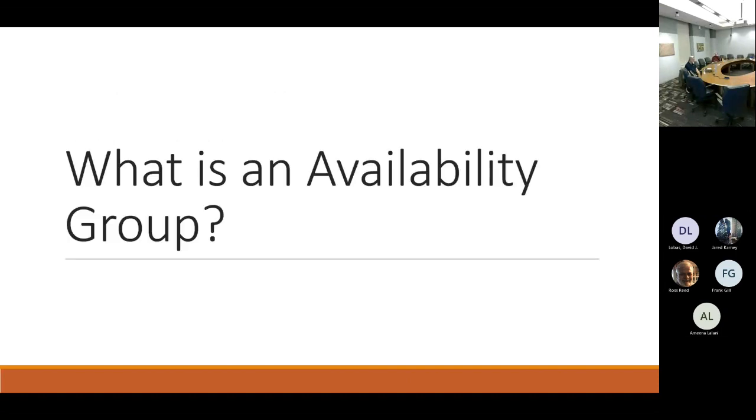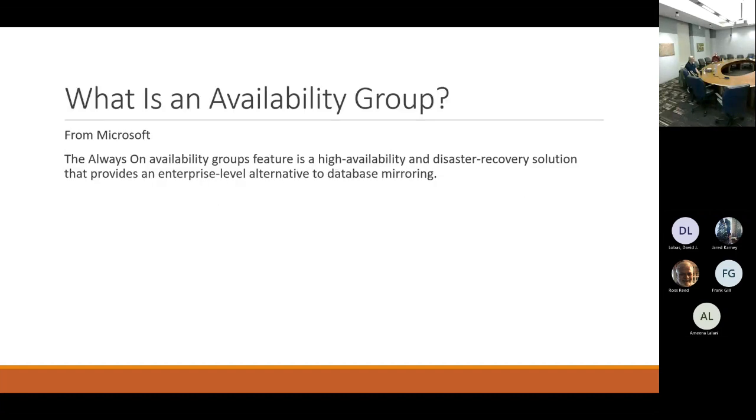Let's talk a little bit about what an availability group is. Microsoft's definition is that an Always On availability group feature is a high availability and disaster recovery solution that provides an enterprise-level alternative to database mirroring. So that's basically how it was introduced. If you think about database mirroring, you've got a database, you are mirroring it to some number of locations, some number of partners.